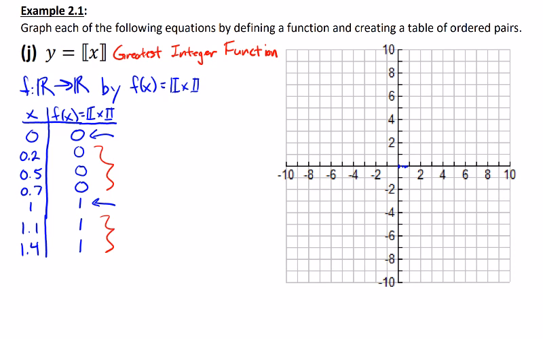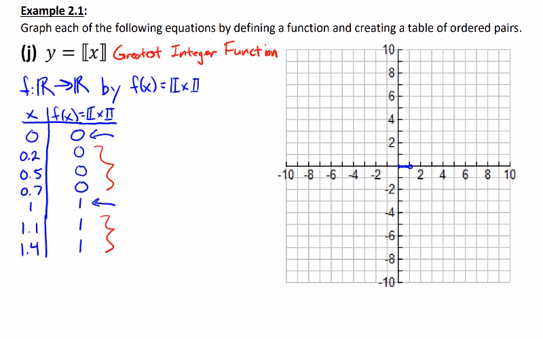But what I do know is that all of the decimals that look like 0.2, 0.5, so that would be things like 0.1, 0.3, and even the decimals that have 2 decimal places, 3, so on and so forth, all of those would round down to 0. So instead of trying to make all these little points in between 0 and 1, I'm going to put an open circle at 1, and then I'm going to make a line to connect everything from 0 to 1, because those would be all the values that should map to 0.